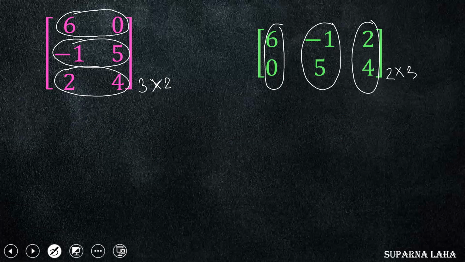After this transformation, the new matrix is called the transpose of the first matrix.